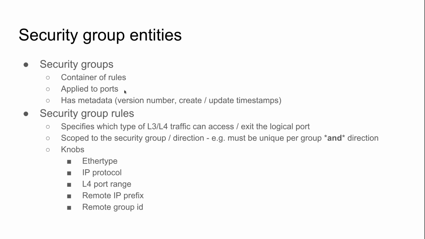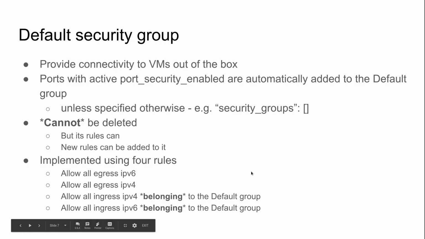You can also specify the remote IP prefix. It can be a specific IP address or an IP network CIDR. And finally, the remote group ID, which would be the ID of a security group already provisioned in your system.